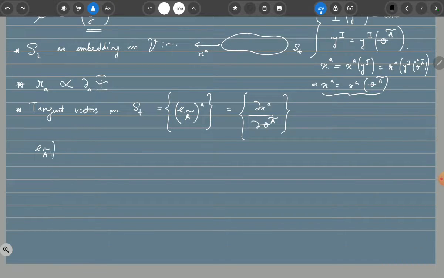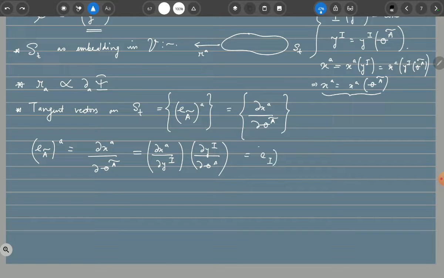So we have e_ã^a equals del x^a divided by del theta^ã, which equals del x^a divided by del y^i times del y^i divided by del theta^ã, which is equal to e_i^a e_ã^i. So this is the tangent vectors.